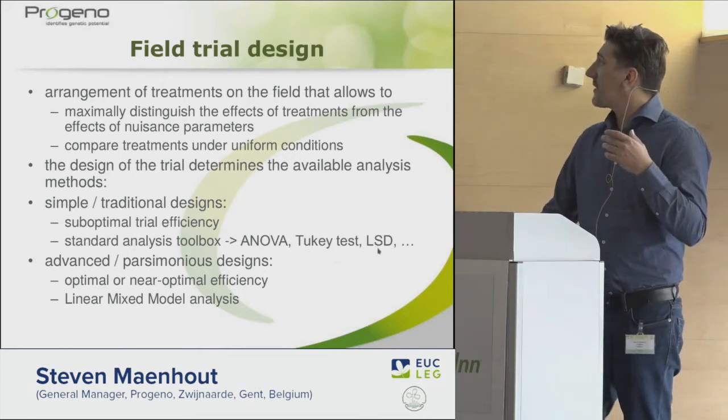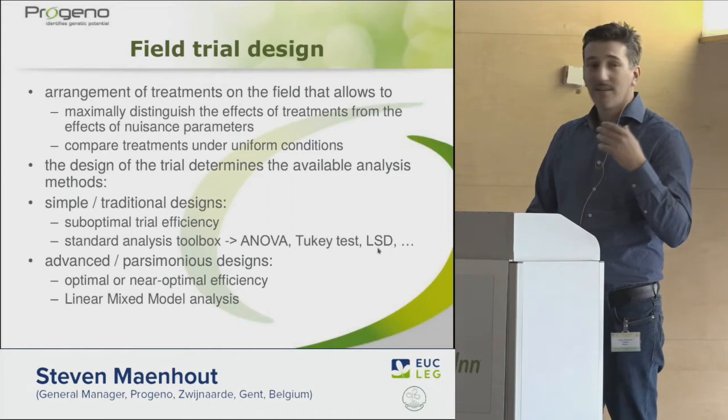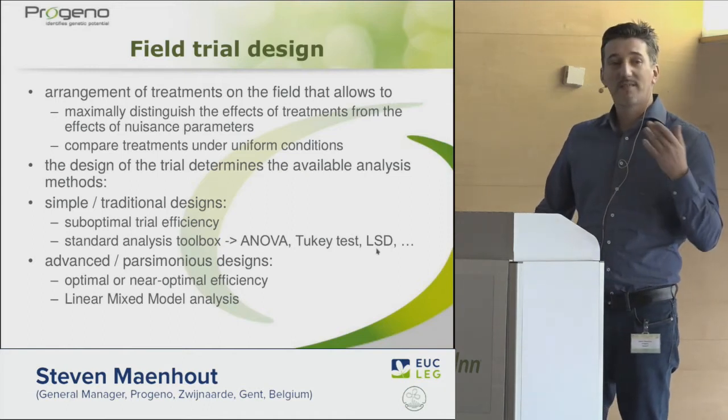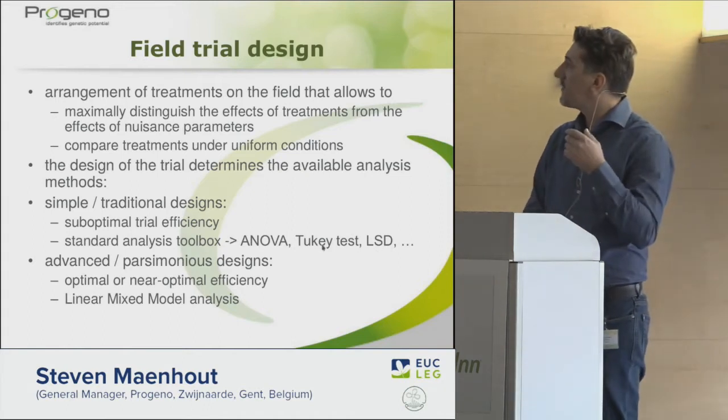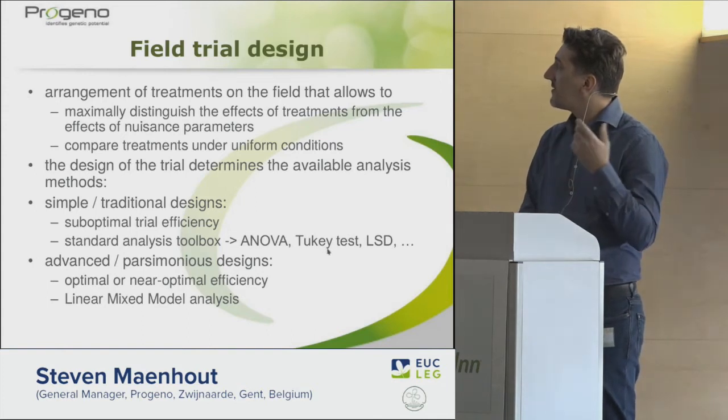I've put it here just because it's popular. I'm not a fan, but it's the least square difference, which is still used very much instead of more appropriate tests like Tukey's test.